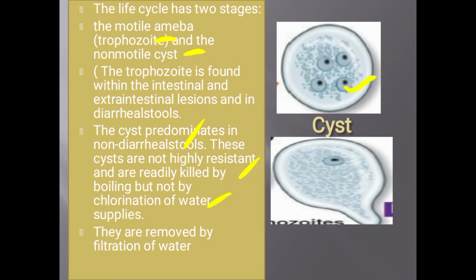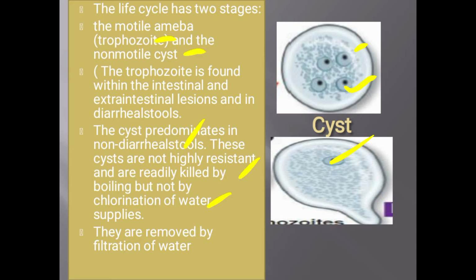This is the cyst, and you should note that the cyst of amoeba contains four nuclei, while the trophozoite has one nucleus. The trophozoites are found in the intestine and diarrheal stools, while the cyst is resistant to environmental conditions and is found in non-diarrheal stools.